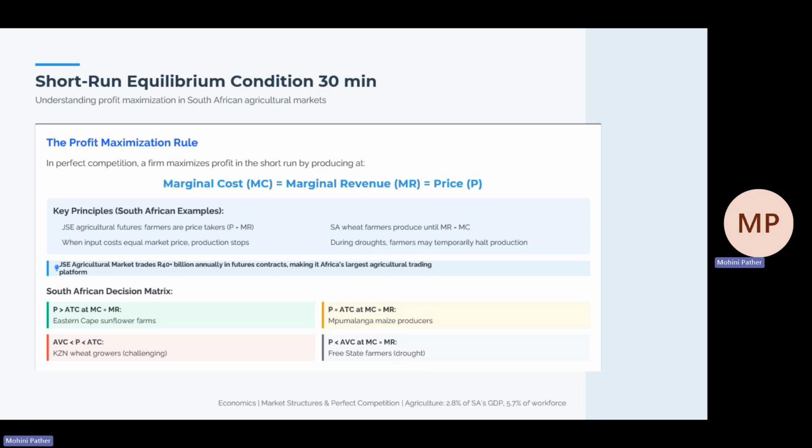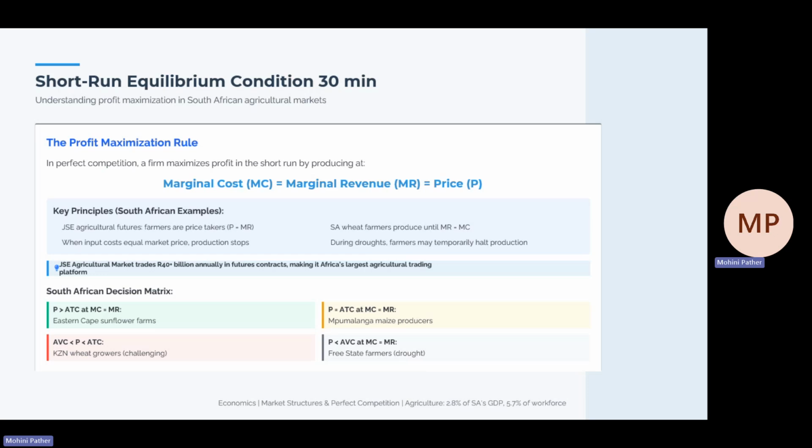So when their input costs equal the market price, production stops. During a drought, farmers may also temporarily halt production. Why? Because now your marginal costs are starting to exceed your marginal revenue, so production halts.